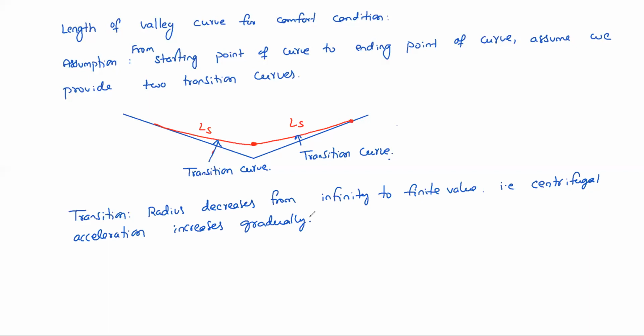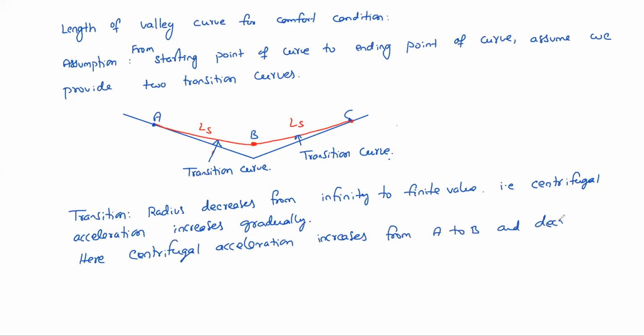See, our assumption here is about centrifugal force. Suppose this is point A, this is point B, this is point C. So here centrifugal force or centrifugal acceleration increases from A to B and decreases from B to C. That's why we are assuming two times LS is the length of the total curve.